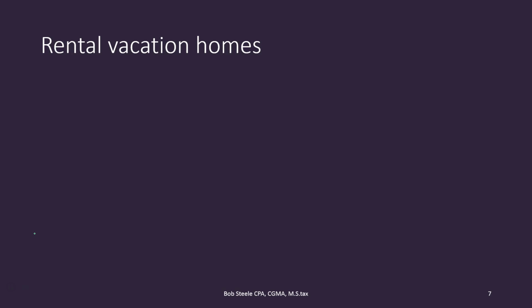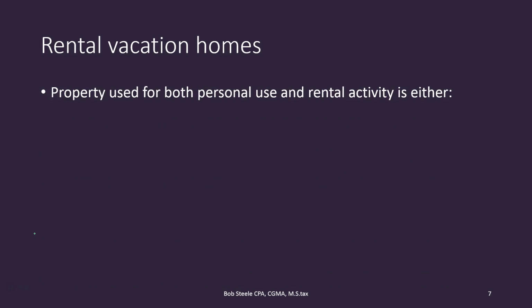The expenses that were used for rental we get as deductions to reduce our rental income. The expenses that were used for personal aren't deductible. And so now the question is, well, how do we do that? And what are the rules for a property that is both vacation and rental property?